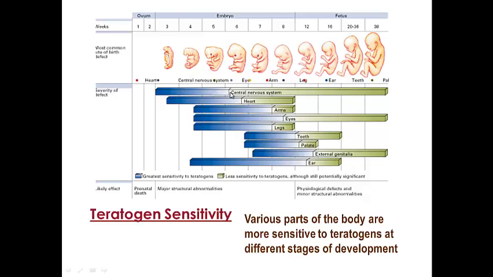So, for example, the first bar over here indicates the effects on the central nervous system, and it shows that a greater sensitivity to teratogens occurs from week 3 to week 6 approximately. Then you have the heart, then arms, eyes, legs, teeth, and palate. The palate needs to be formed properly. Sometimes the palate doesn't close, and babies are born with an open palate at the top.